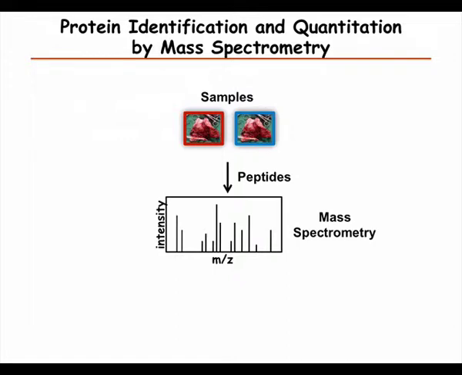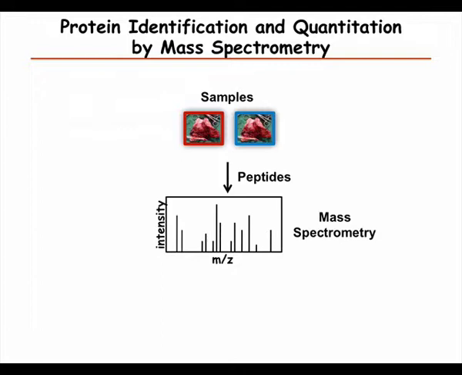So the general overview of how one uses mass spectrometry to identify and quantify proteins is that one takes samples, goes through many steps of processing, and then finally ends up with small peptides, and then analyzes these in a mass spectrometer.